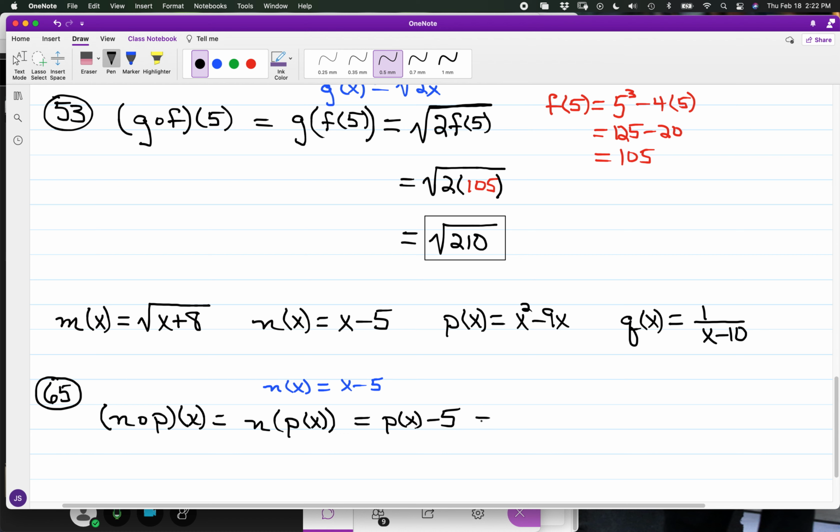Okay, so if we pause just a moment, you have the composition going to the functional notation, and again, the output function n of the input is equal to the input minus 5. And we have the input at p of x. So p of x takes the place of x. So you have p of x minus 5. And then following through with the variable expression, we have p of x as x squared minus 9x, followed by the subtraction of 5.